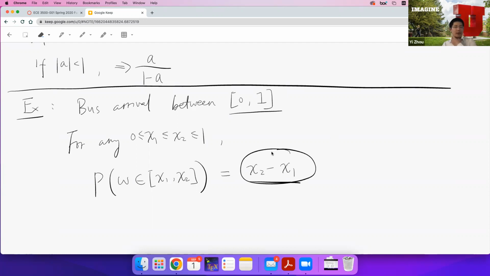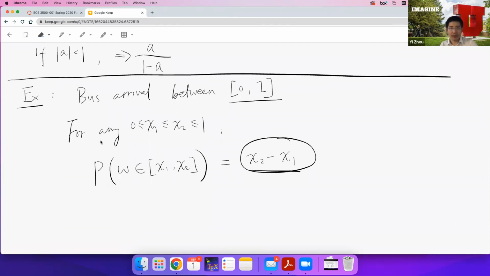Okay, so this is a continuous example. Any questions? Yes. If you are considering between 0 and 2, then it should be the length divided by the length of the time interval. So it's this ratio.